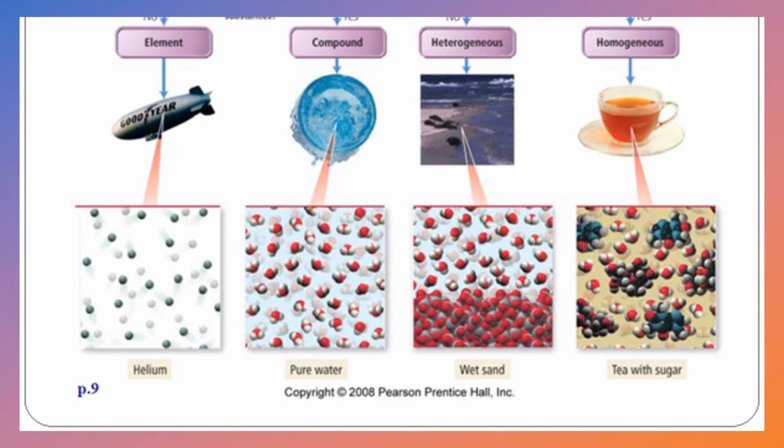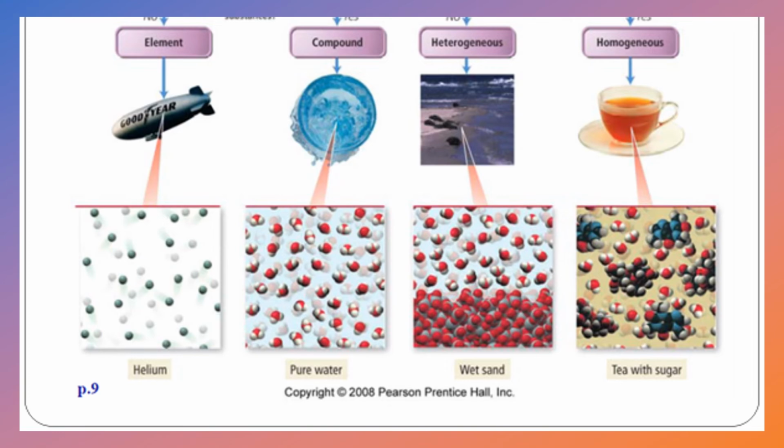So here is the summary of the elements and compounds. So we have the elements, compound, and then the mixtures, heterogeneous and homogeneous, which will be discussed next week. Okay, so we have the helium.